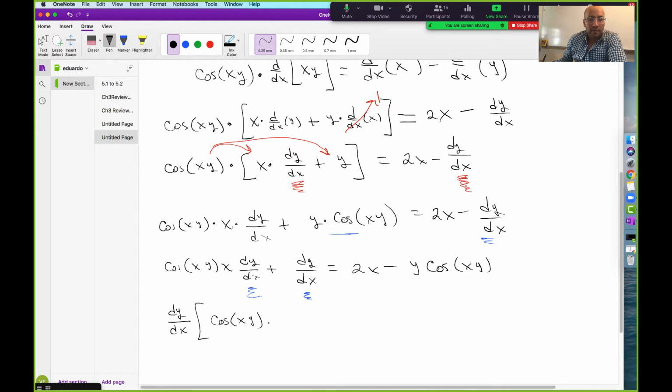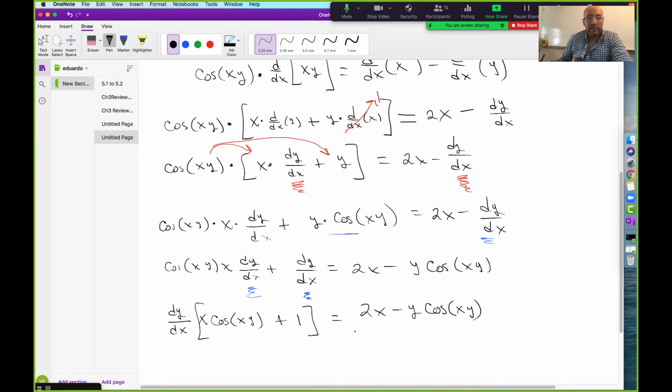Just to make sure nobody gets confused about this x here, I'm going to stick it out in front. That way it's x times cosine xy plus 1 equals 2x minus y cosine xy.